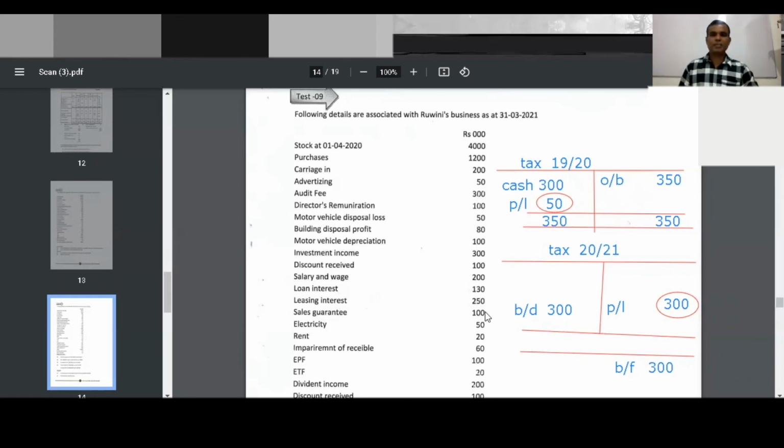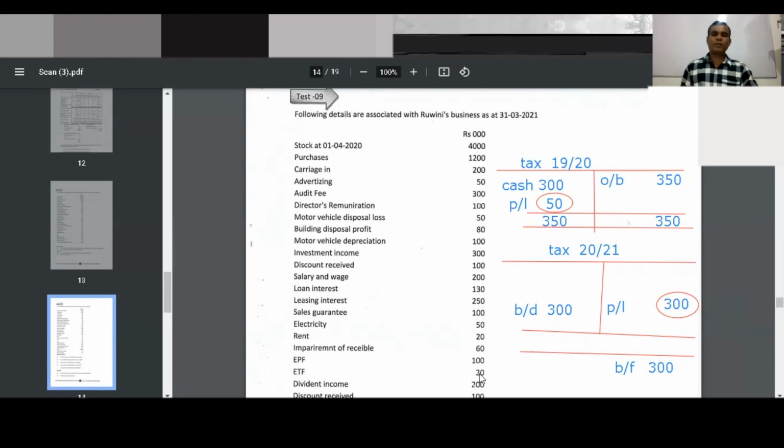Sales guarantee, distribution and profit before tax. Electricity, administrative only. Rent, administrative only. Impairment of receivable, distribution and profit before tax.